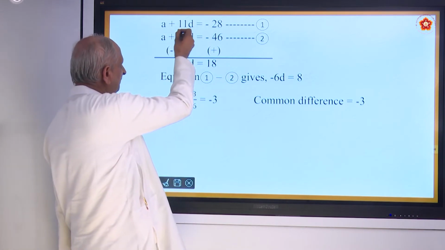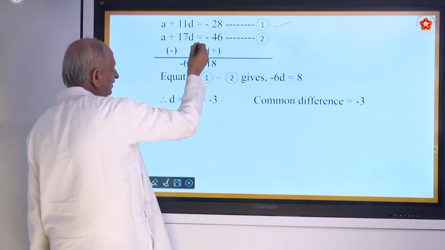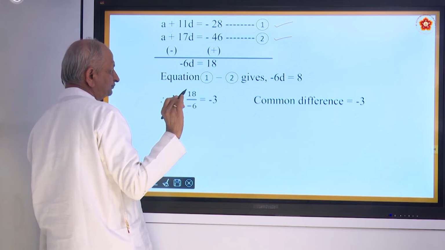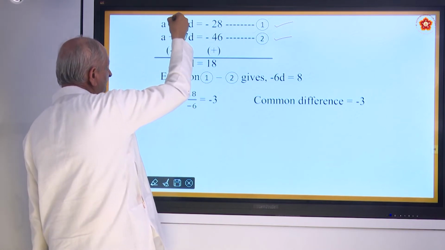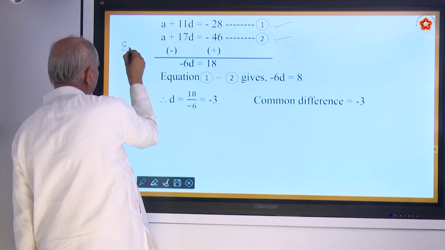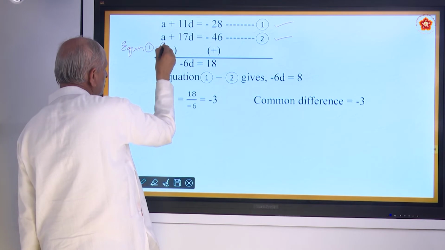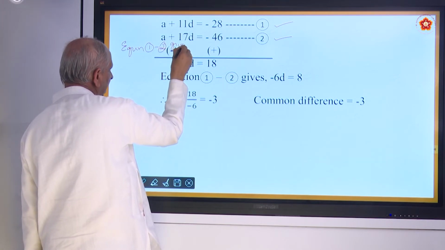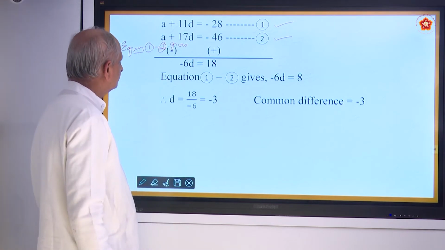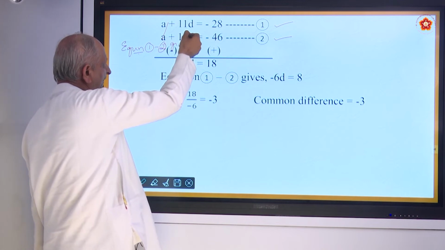First equation is A plus 11D is equal to minus 28. Second one, A plus 17D is equal to minus 46. You have to remove one. So what you must do? You must subtract. So equation 1 minus 2 gives... so this A cancels. 11 minus 17.